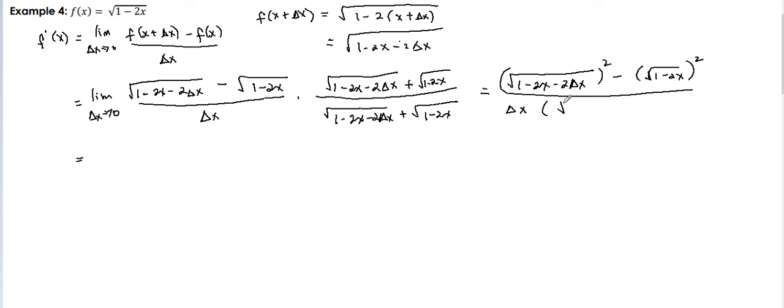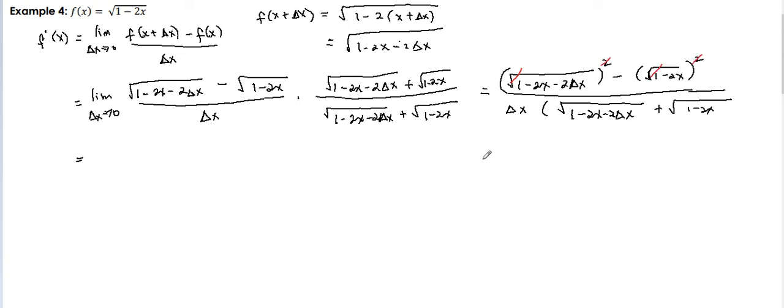Then, multiply siya sa square root of 1 minus 2x minus 2 delta x plus square root of 1 minus 2x. Okay, so we can cancel our square root and our squares.